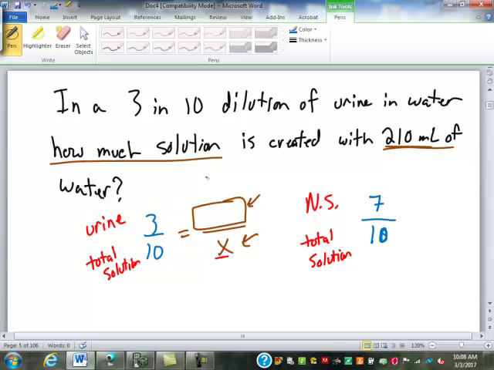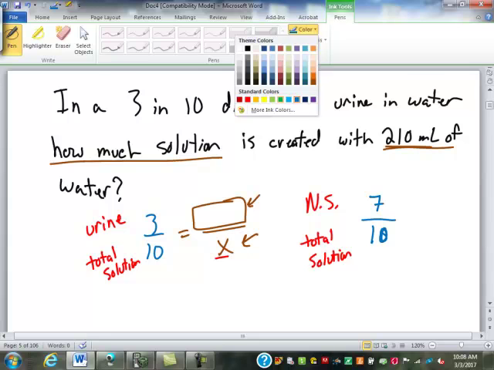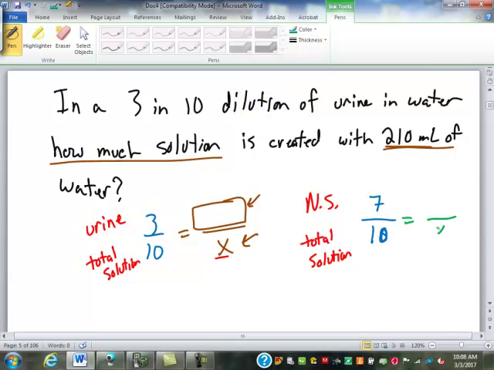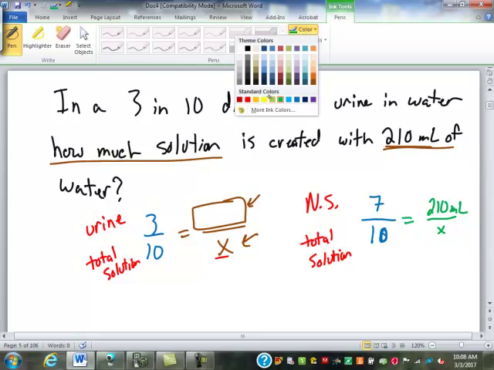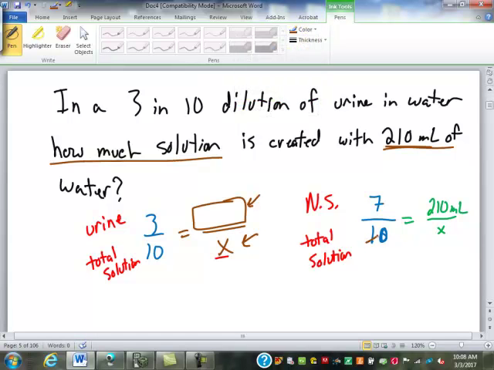Good. 10 minus 3 leaves us with 7. So now on the other side, we're still looking for total solution. We have the 210 milliliters, which does describe the water, the saline. And so we can cross multiply. 10 times 210 divided by 7 is 300 milliliters of total solution.